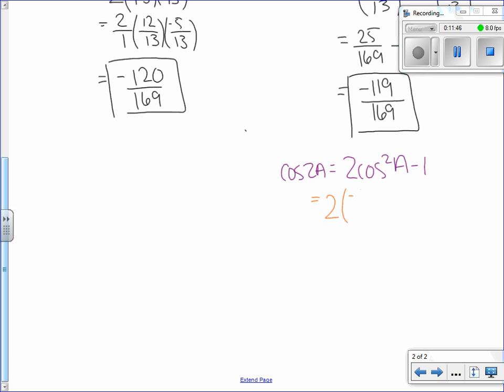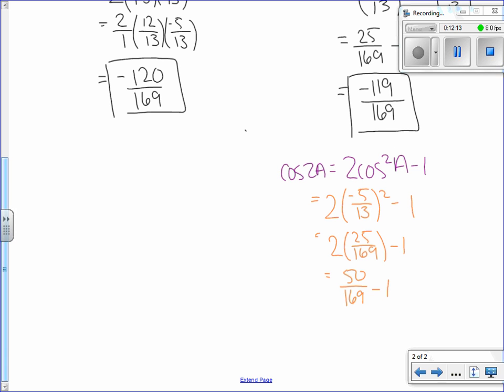that's going to be 2 times negative 5/13 squared minus 1. So that's going to be 2 times 25 over 169 minus 1. 2 times 25 over 169 is going to give you 50 over 169.